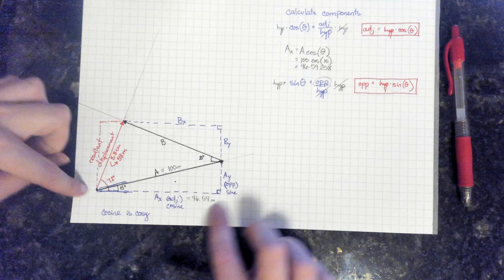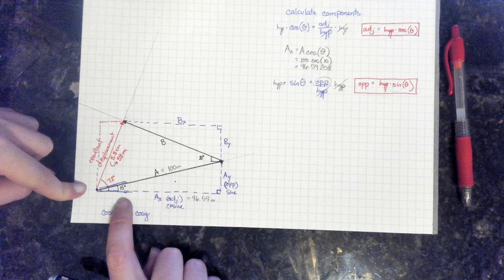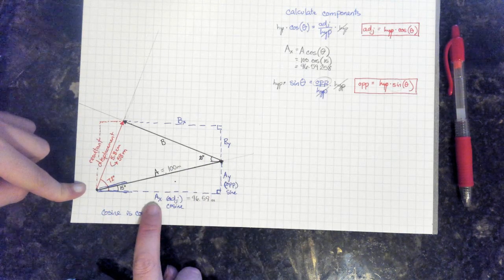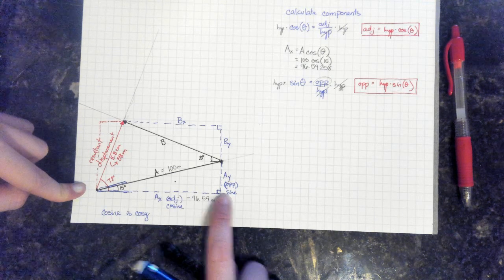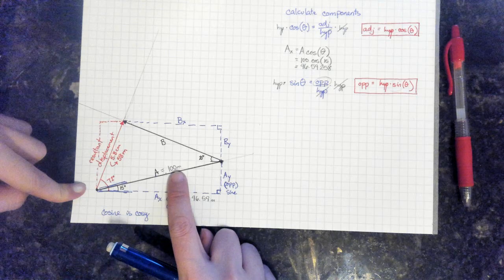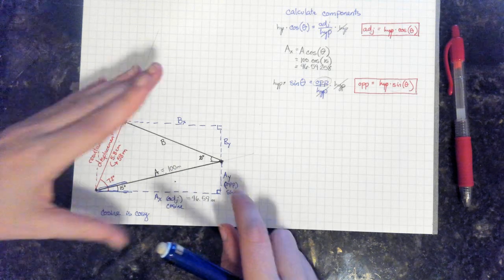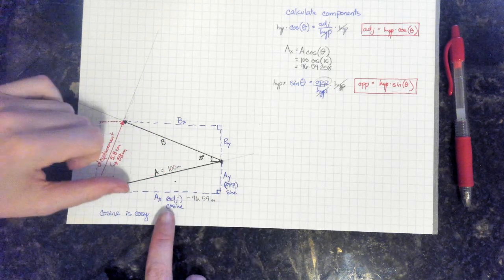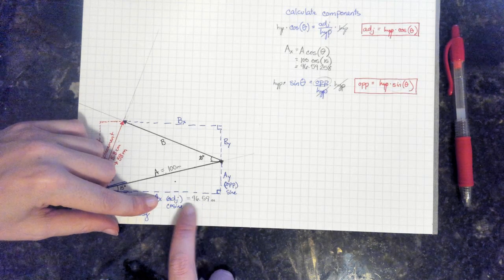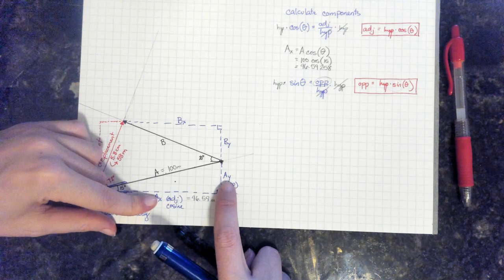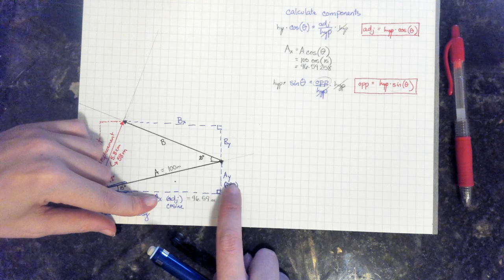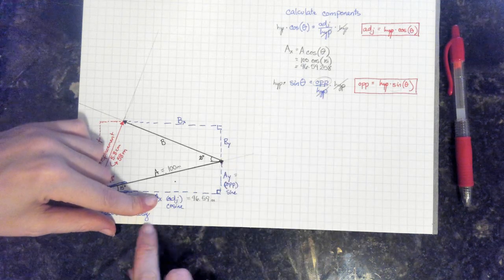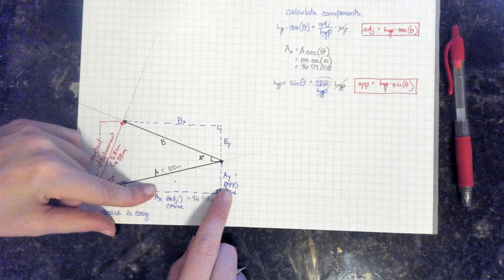So we can see from this picture that the horizontal component of A should probably be pretty close to 100 meters. This is a very narrow triangle, so this should be pretty close to 100, and it is. And now when we calculate AY, this will probably be significantly smaller than 100.